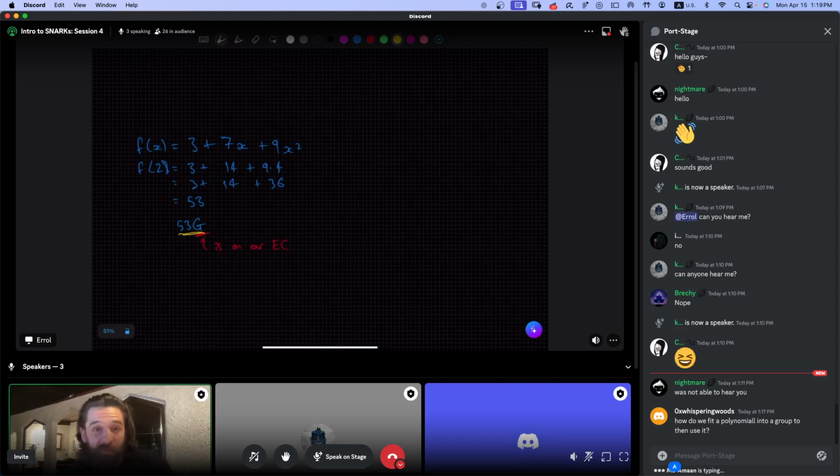So now we have 53g instead, which is also within that group, because if you remember, we mentioned that groups are self-contained. If you add things together in a group, you still get something in the group. So in this way, we get group objects from our polynomials.